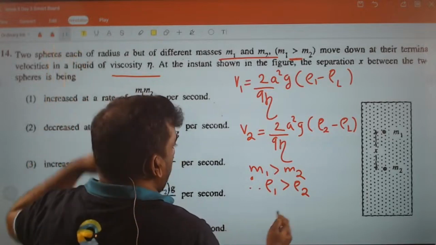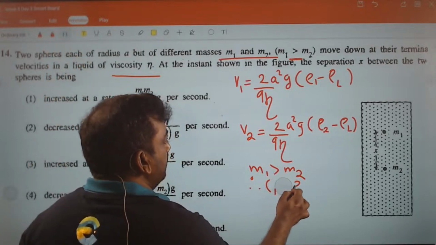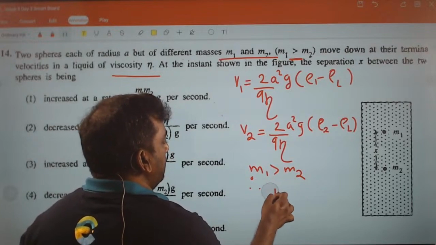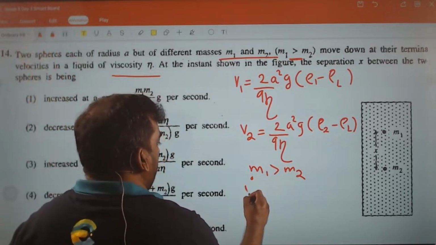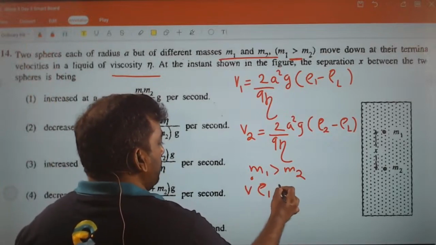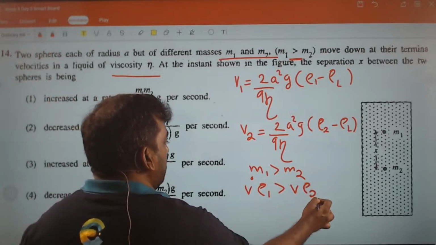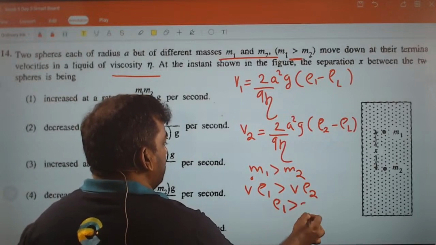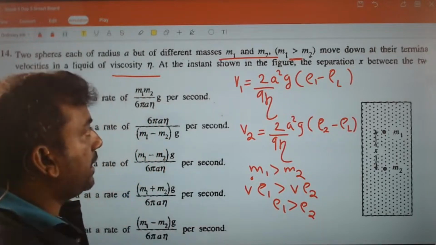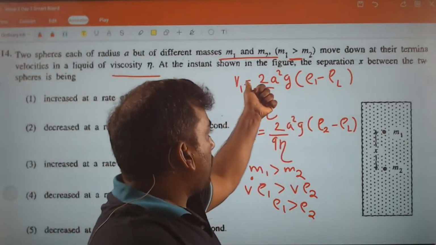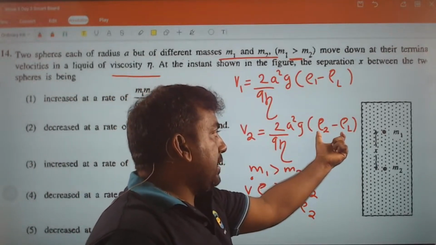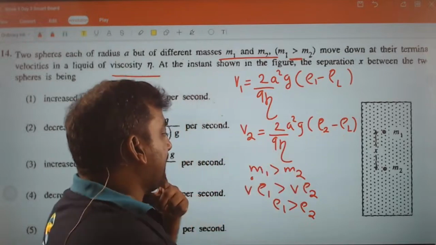Now you might wonder how to get this. Very simple logic. Mass is volume into density, same volume, so rho 1 is larger than rho 2. Larger density, larger difference, larger velocity. Smaller density, smaller difference, smaller velocity.